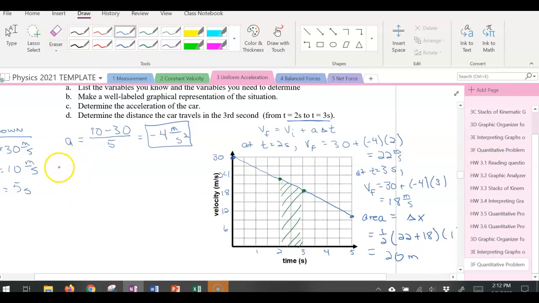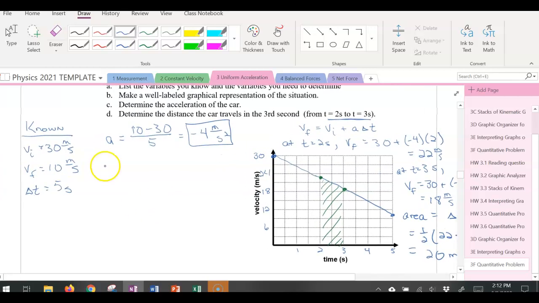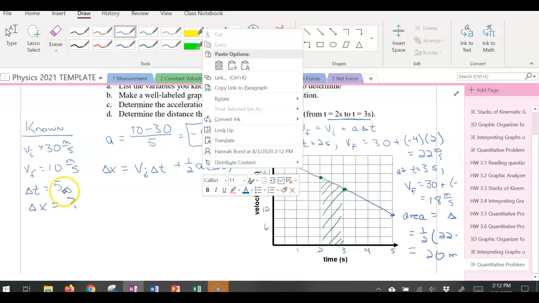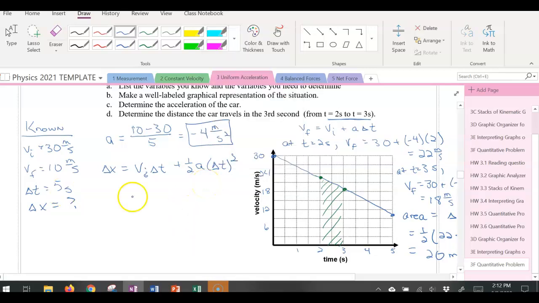I'm going to use the fact that the displacement is the initial velocity times time plus 1/2 the acceleration times the elapsed time squared. I think I have the information to use this equation because I know the initial velocity, we calculated the acceleration, I know the elapsed time, and I'm looking for delta x.